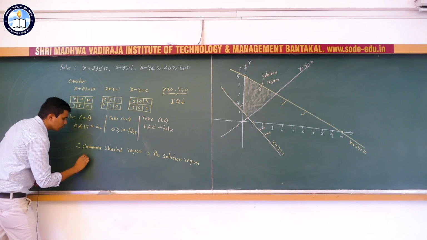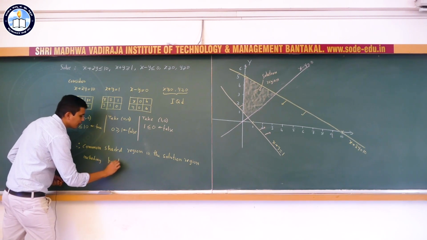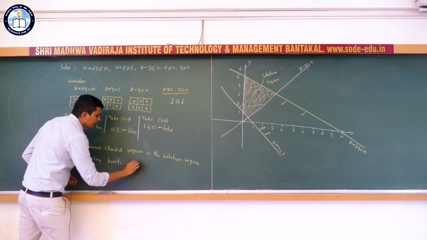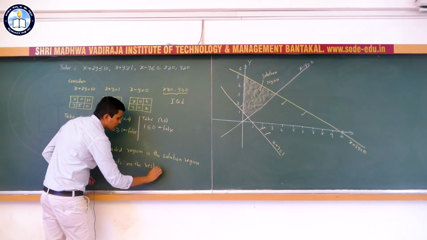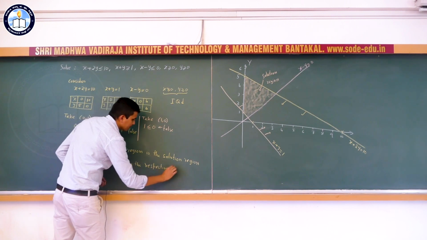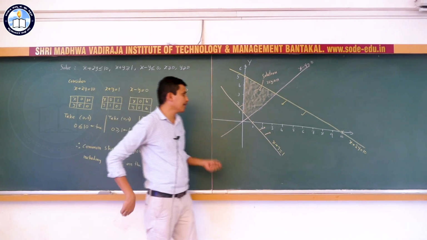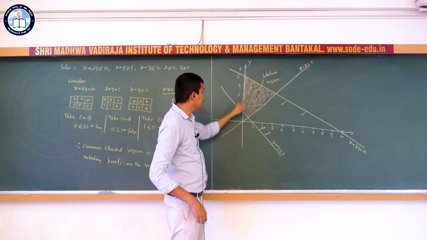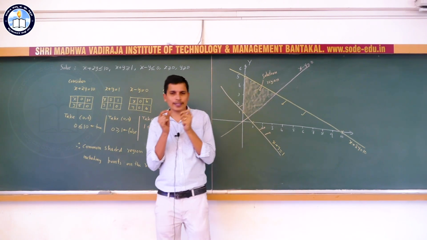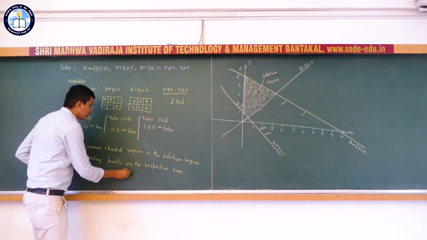So therefore it is including points on the respective lines. Actually it should be line segments. Okay, lines. This line segment, here and here. So the points, whatever is on the line, are also included. That's the meaning of this particular statement.